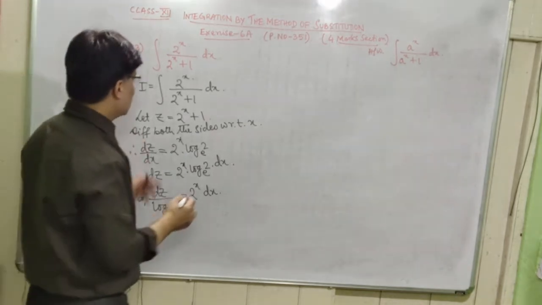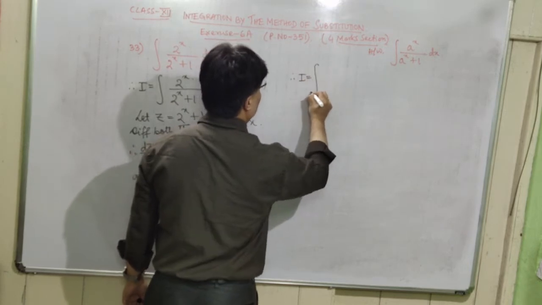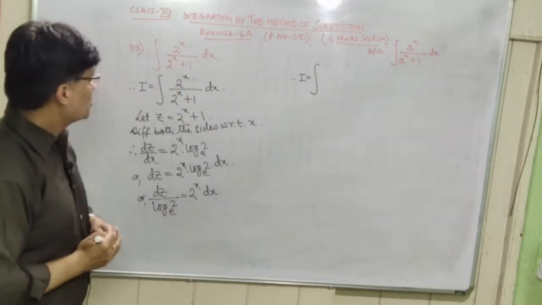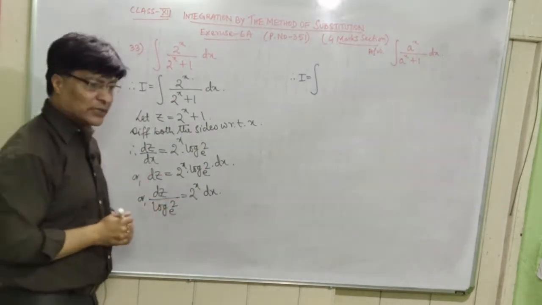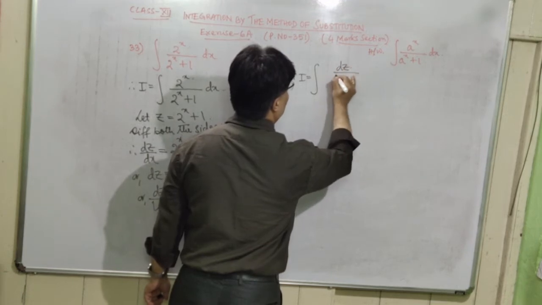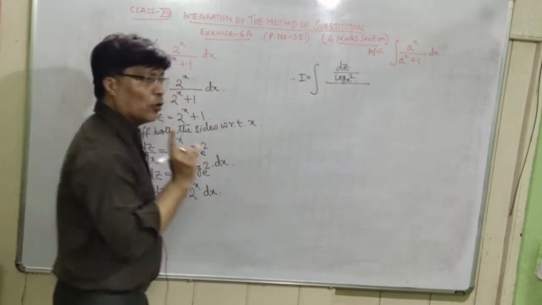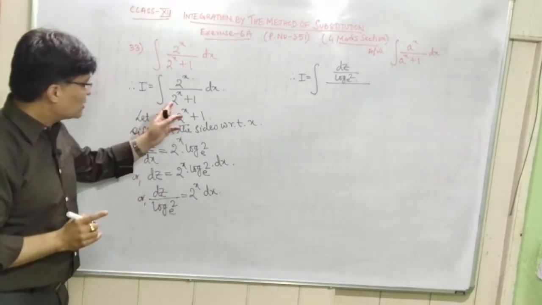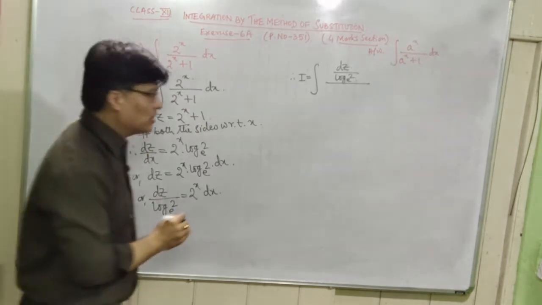Okay. So what is I now? So therefore I is equal to integration of, so what is 2 to the power x dx? It is dz divided by log 2 base e, whole divided by, in the denominator there is 2 to the power x plus 1 which is equal to z.